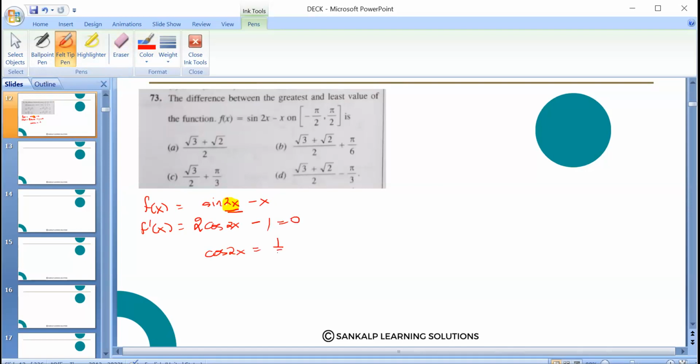Cos 2x is 1 by 2. We are taking the interval minus pi by 2 to pi by 2. That means 2x will be pi by 3 and minus pi by 3, or x will be pi by 6 and minus pi by 6.